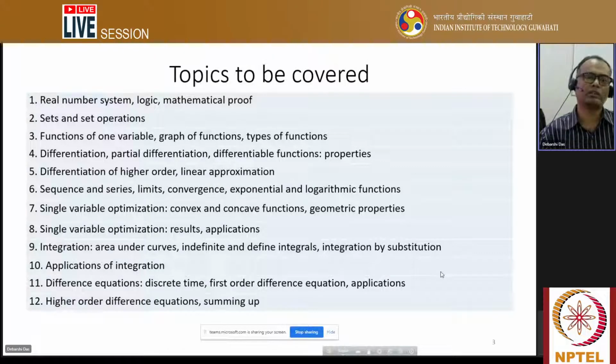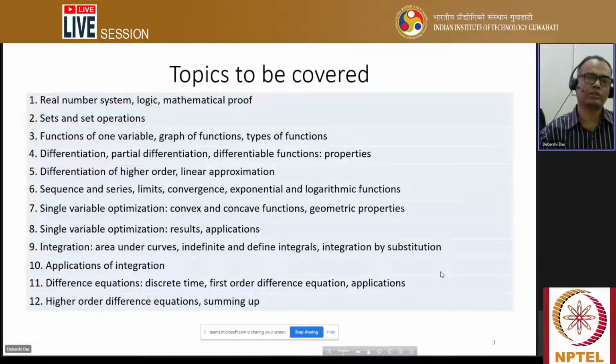But apart from that, you can just look at the list of the topics. It's quite extensive. There are some topics which are not covered in this course, because we have to remember that this course is part one of a two-course sequence. The topics that we have not covered in this course and could be covered in the second part are topics of constrained optimization.